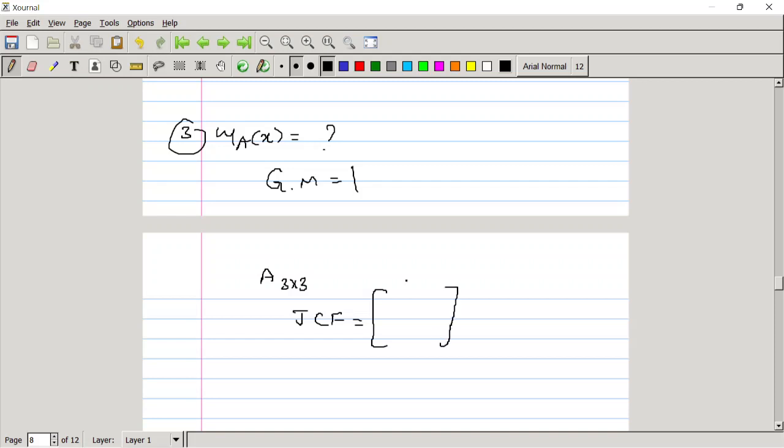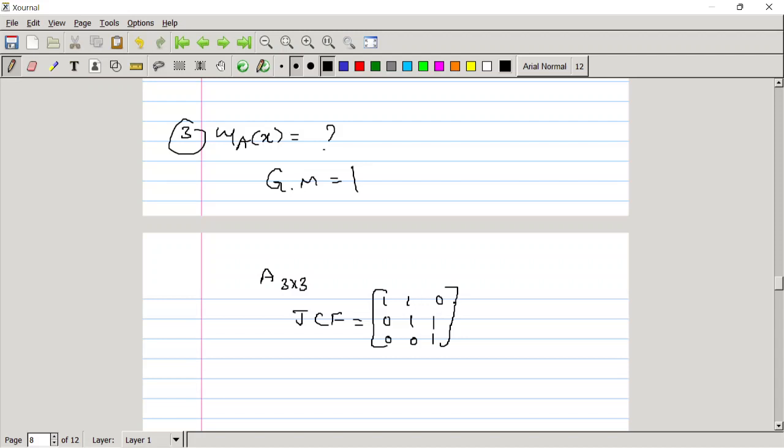We have the geometric multiplicity equal to 1, so the number of Jordan blocks corresponding to the eigenvalue 1 is 1 only. That means the JCF is 1 1 0, 0 1 1, 0 0 1. Is it clear how to write JCF? If you understand this, we can get the answer for the minimal polynomial.